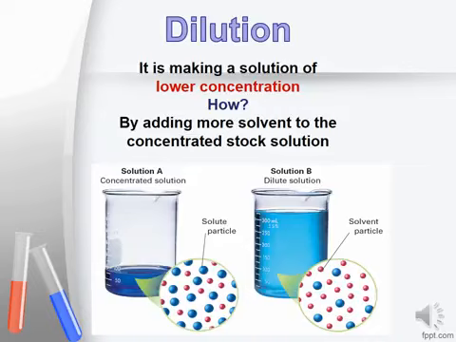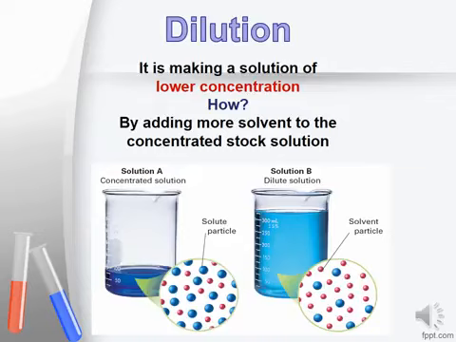Here in these 2 beakers, the first beaker is darker in color, and we mentioned before that a dark color means it is highly concentrated. In another way, it means a high amount of solute. A high amount of solute gives high concentration, deeper or darker color.